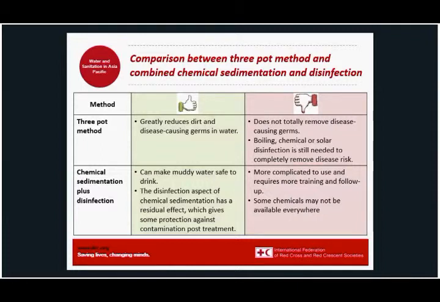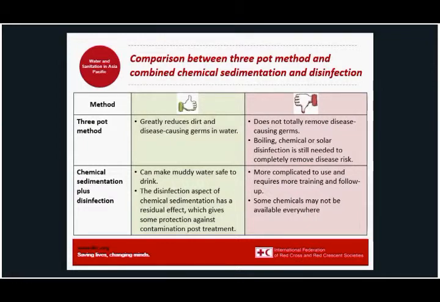However, like already mentioned before, it does not totally remove disease-causing germs. So we still need disinfection to completely remove disease risk. Disinfection can be boiling, chemical disinfection, or solar disinfection.